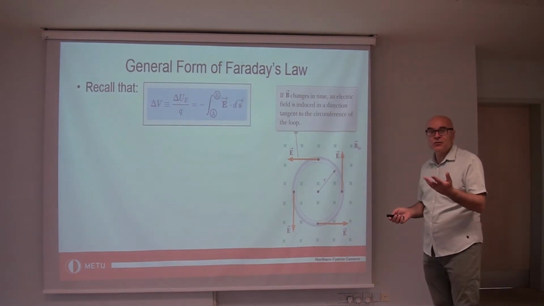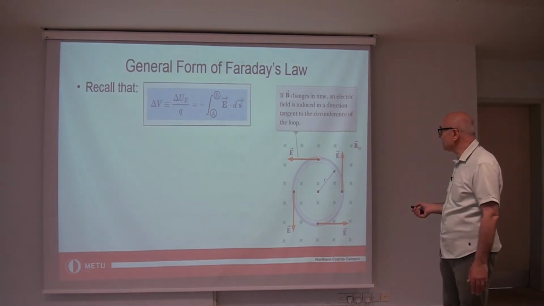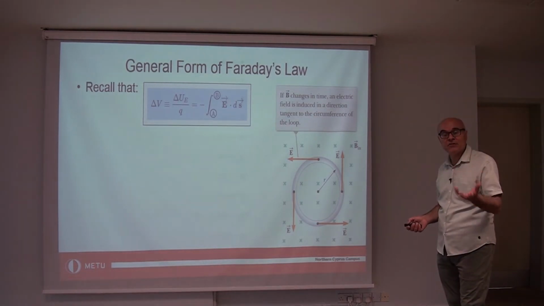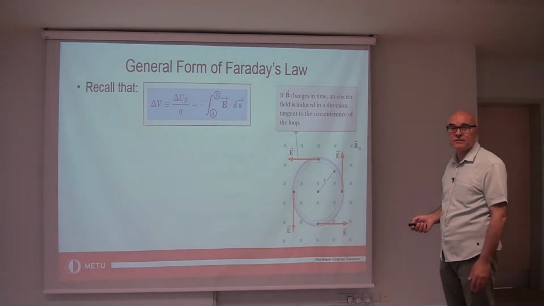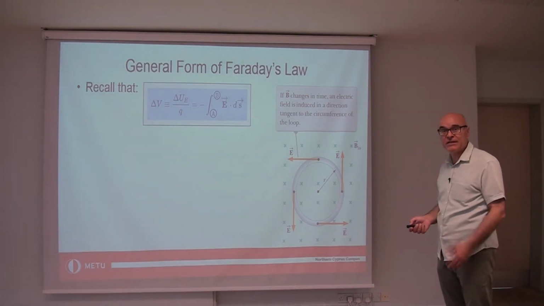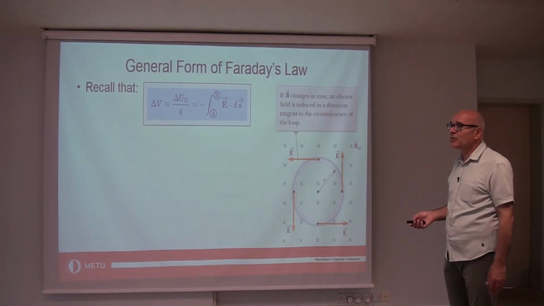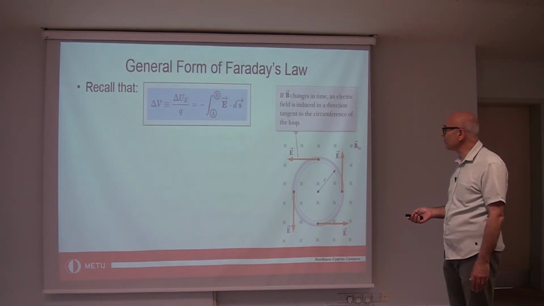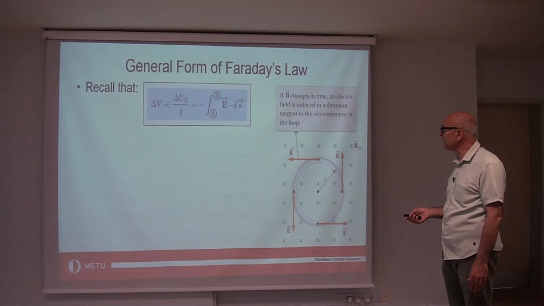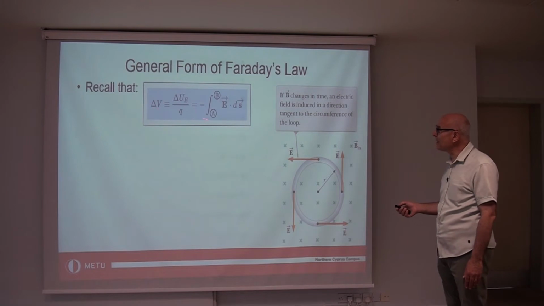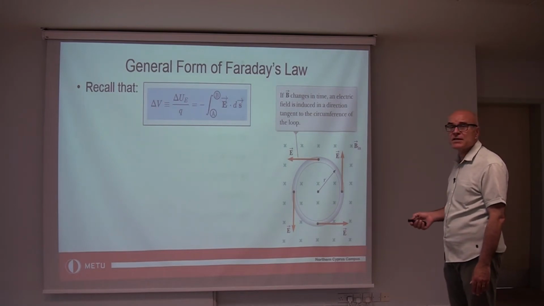Now let's try to find an explicit expression for this electric field that will be generated. Let me assume again that we have this ring also. We remember that the potential difference between any two points in an electric field is given by this integral.